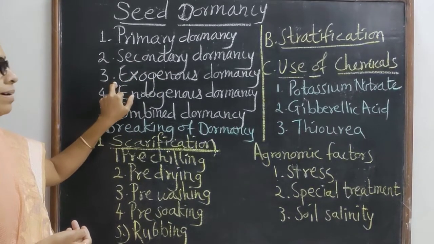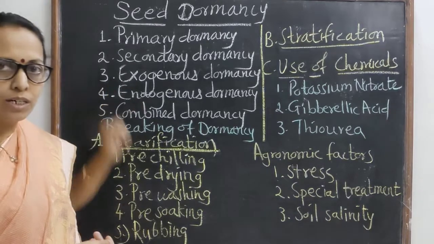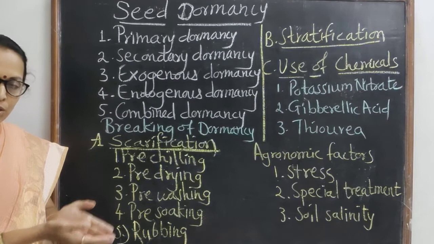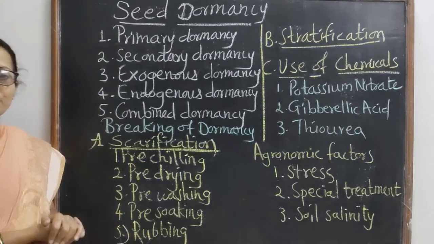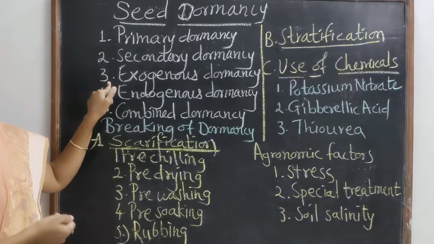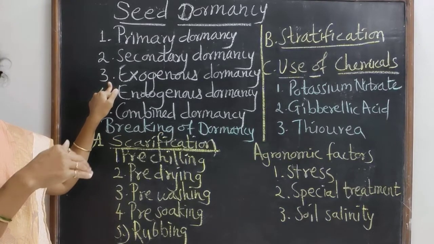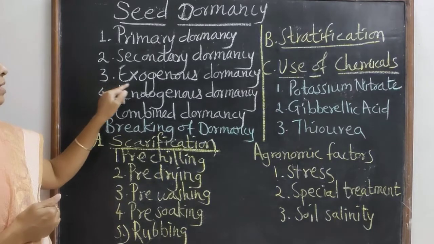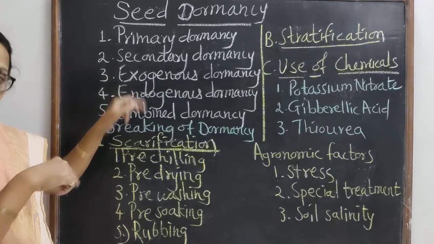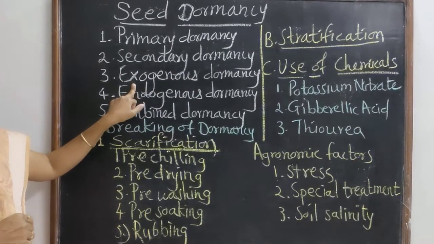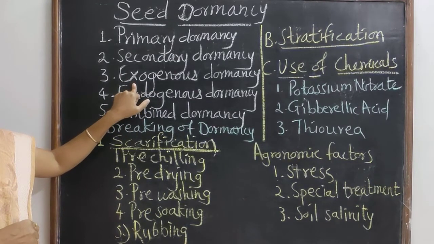Third type, that is exogenous dormancy. Exo means external. So obviously here dormancy is due to a factor which is outer to the embryo. It is not because of the embryo, it is because of some external factor that is around the embryo. We call it exogenous dormancy.